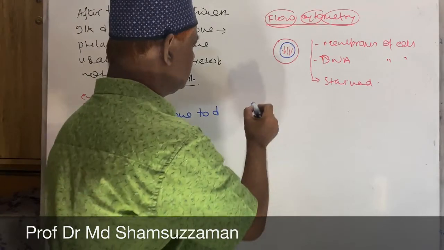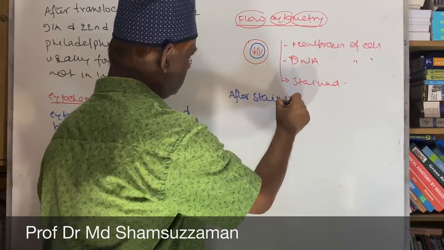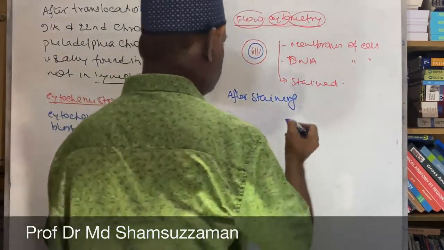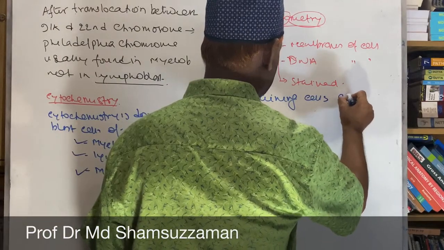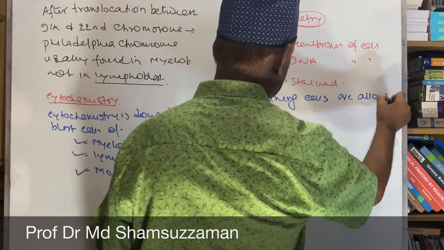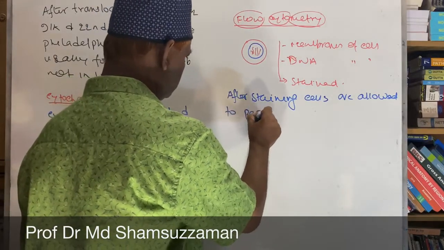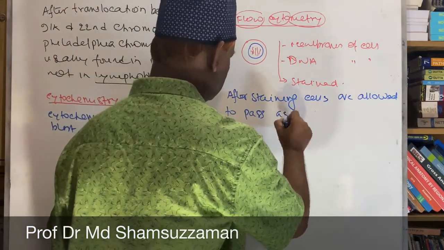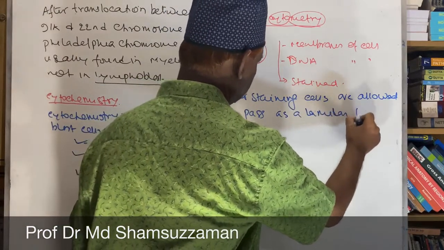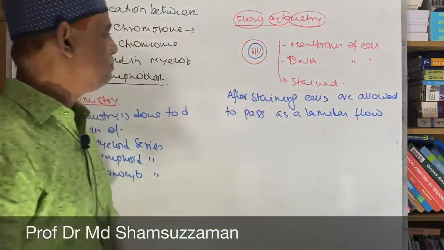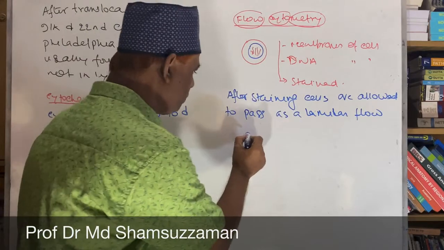After staining, cells are allowed to pass as a laminar flow, that is, one after one.